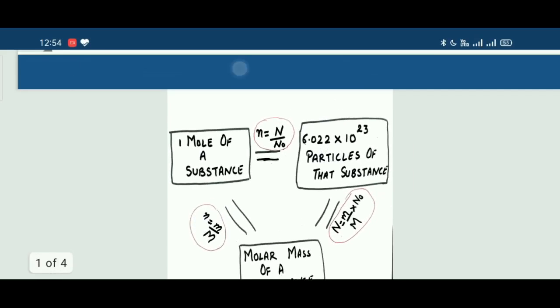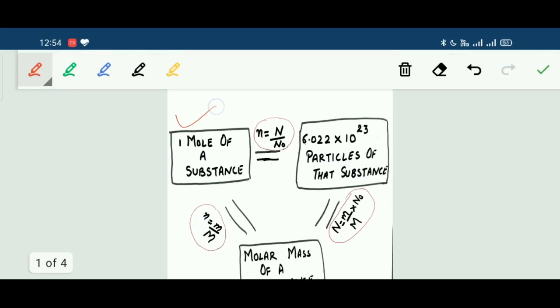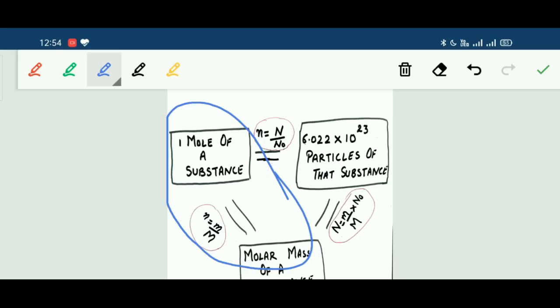Students, we have already studied that 1 mole of a substance is equal to 6.022 into 10 raised to 23 particles of that substance. Also, we have studied that 1 mole of a substance is equal to molar mass of a substance.